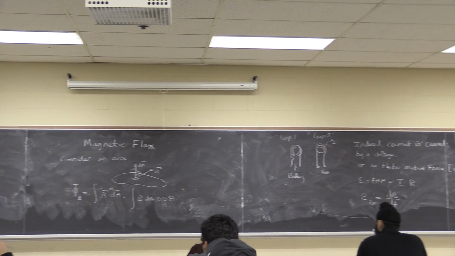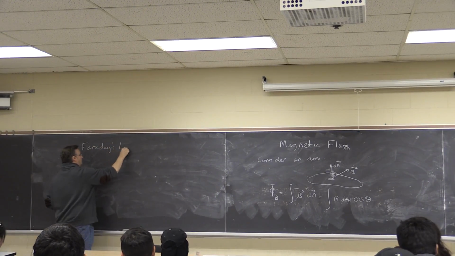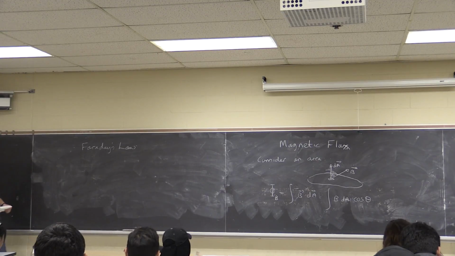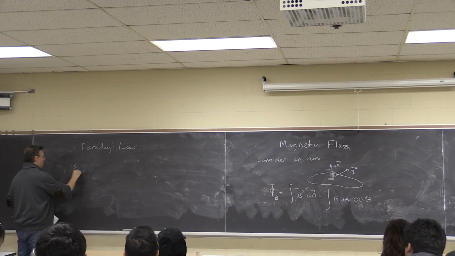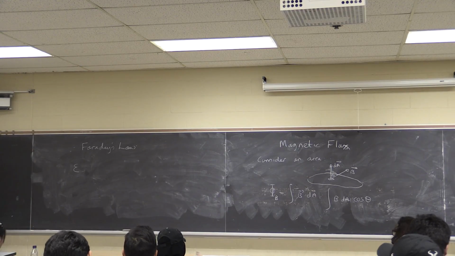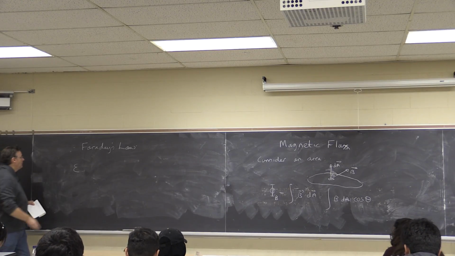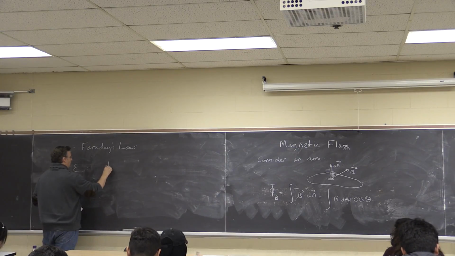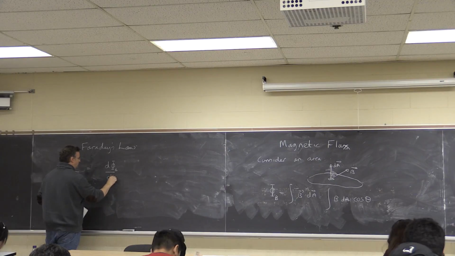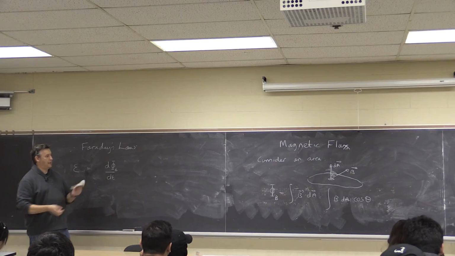So Faraday's law basically is written as the induced voltage, or EMF, electromotive force, the amount of voltage you measure on loop 2 over there, is equal to d phi b by dt. It's the changing flux through that area.